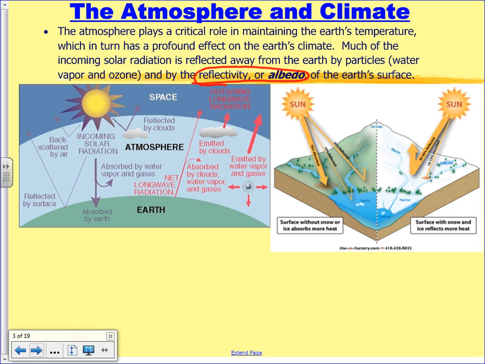So if you were in Hawaii on the volcano and there's nothing but that black basaltic volcanic rock, that is a very low albedo. It absorbs practically everything that comes in. Darker colors tend to have a lower albedo and absorb more solar energy than lighter colors. You probably experience this if you have a dark colored interior in your car.